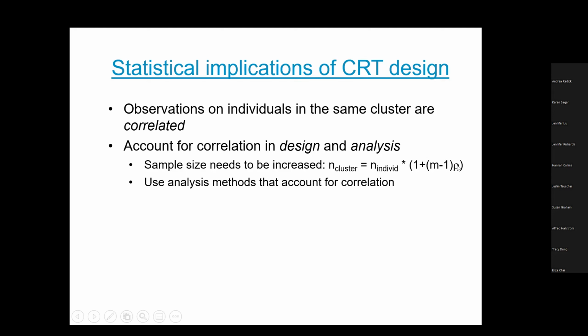And so this whole term becomes greater than 1, meaning the number of individuals in the cluster randomized trial is bigger than the number in the corresponding individually randomized trial. So that's the take-home message here: sample sizes are bigger. And also when you do the analysis, you have to use methods that do account for this correlation.